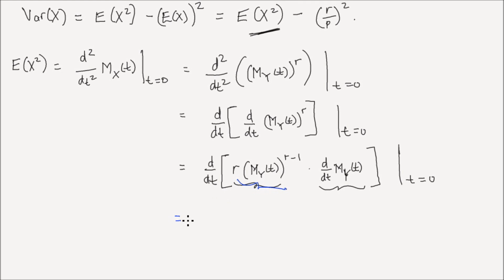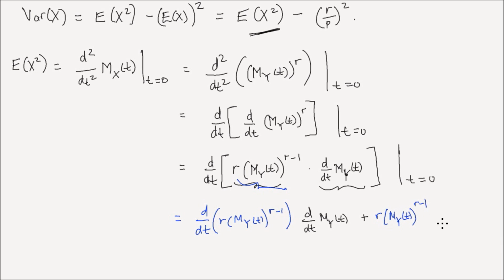And that's going to be equal to the derivative of the first function, which is d by dt of r times M_Y(t) to the power of r minus 1, multiplied by the second function, which is d by dt of M_Y(t), plus the first function, which is r times M_Y(t) to the power of r minus 1, times the derivative of the second function.